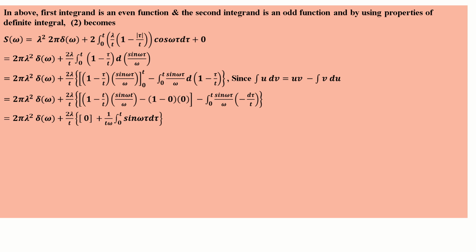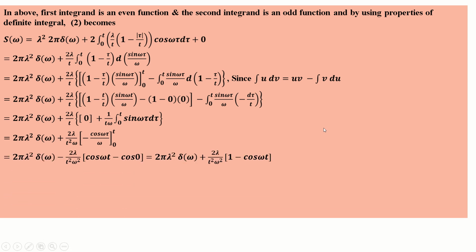That gives 1 by Tω times the integral from 0 to T of sin ωτ dτ, so S(ω) equals 2π λ² δ(ω) plus 2λ²/(T²ω). The integral of sin ωτ is minus cos ωτ by ω, lower limit 0, upper limit T. So this equals 2π λ² δ(ω) minus 2λ²/(T²ω²) times cos ωT minus cos 0, that is 2π λ² δ(ω) plus 2λ²/(T²ω²) times (1 minus cos ωT).